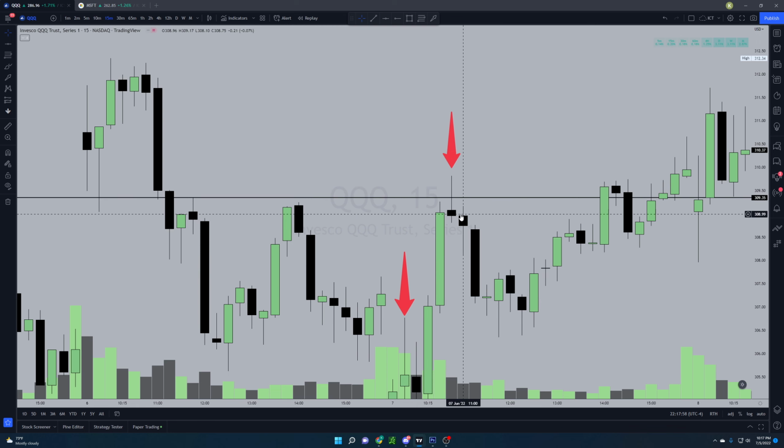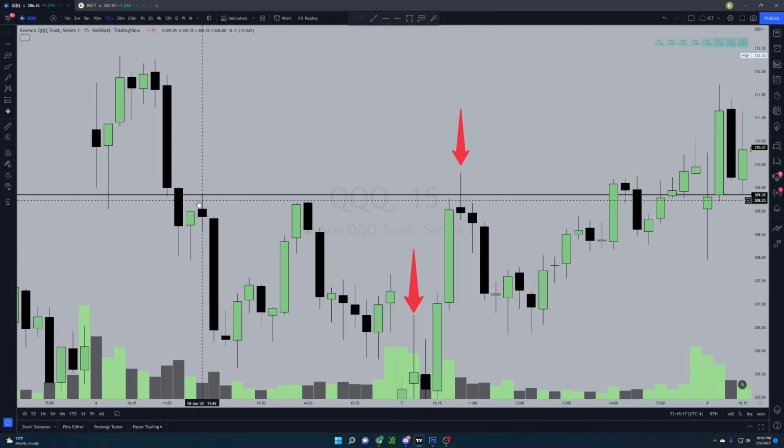right? Again, yet another example of why I don't use just a simple breakthrough. I use closes, right? We broke over, but came all the way back down. They make candles like this to liquidate people, obviously, since there's liquidity sitting right above these highs.